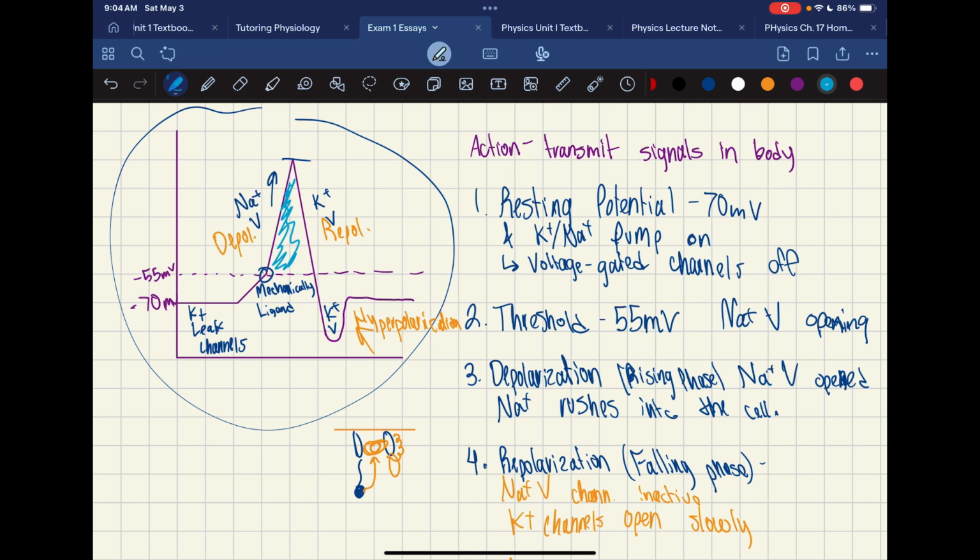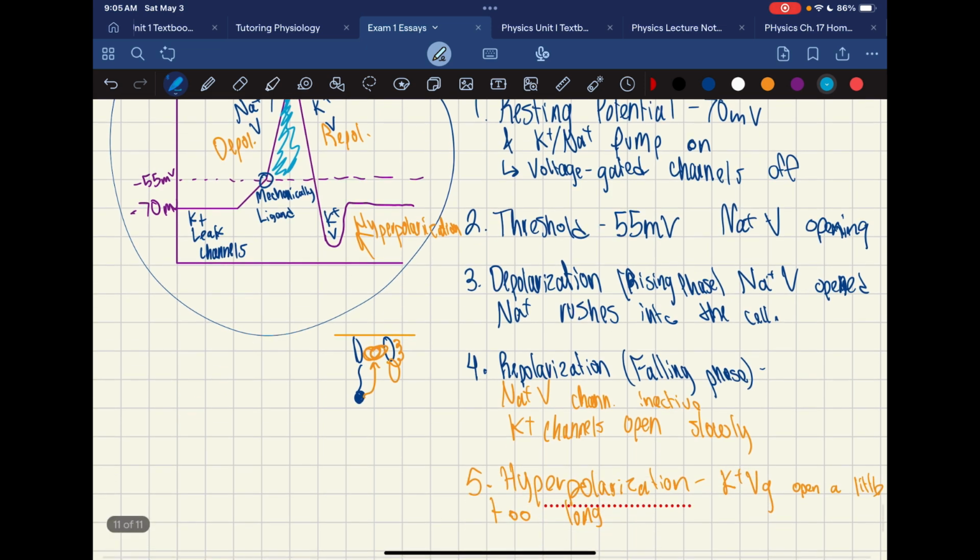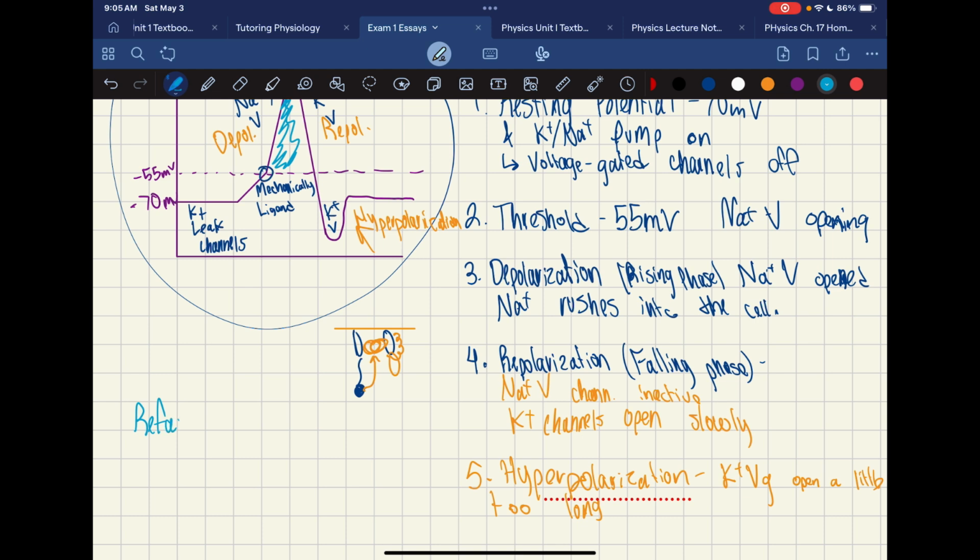So the refractory period is when the sodium channels are not active, and no new action potential can occur.